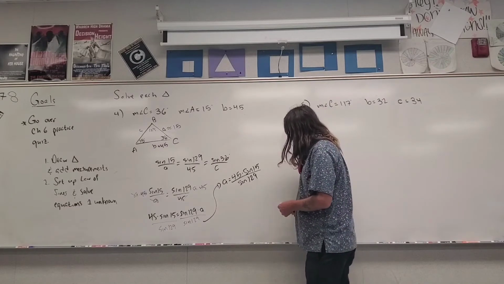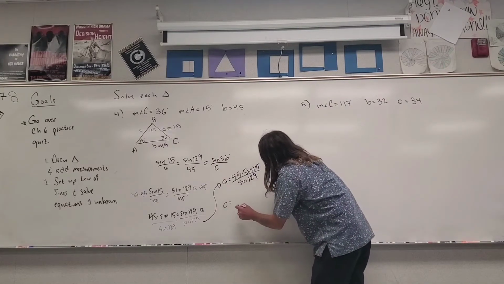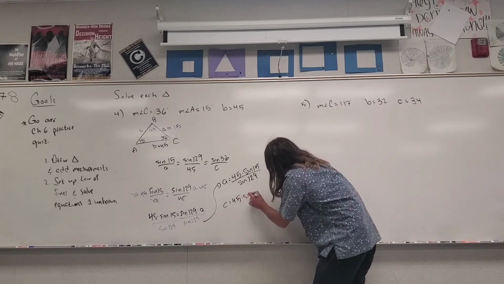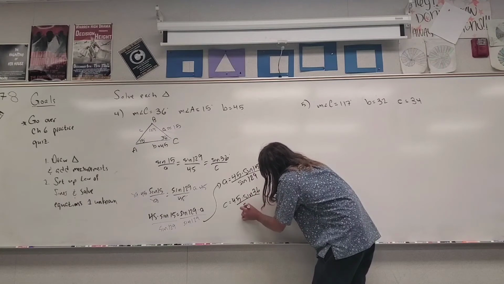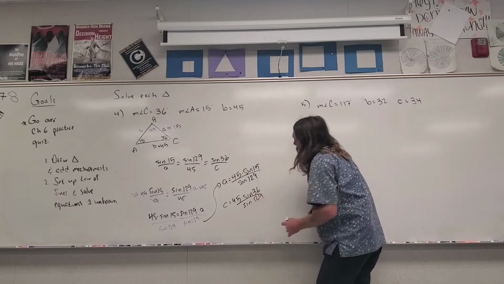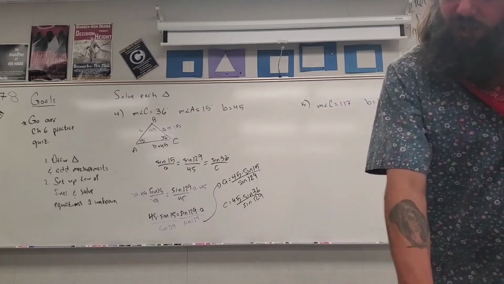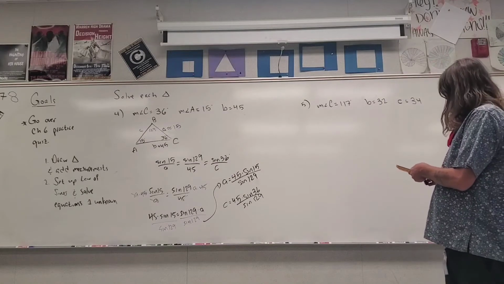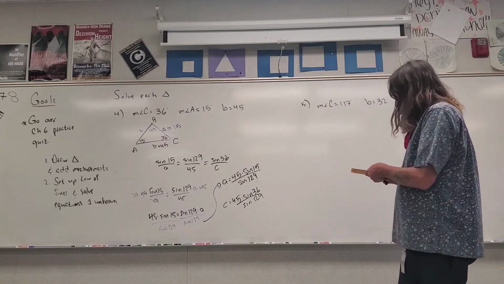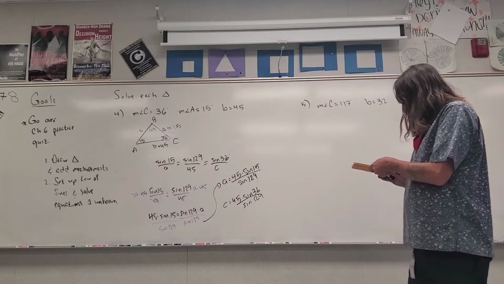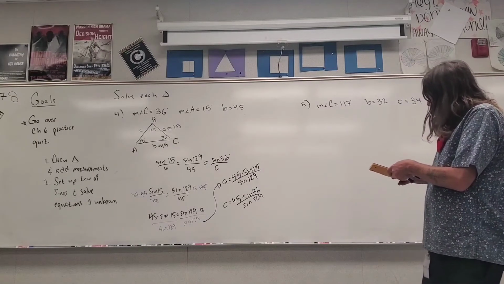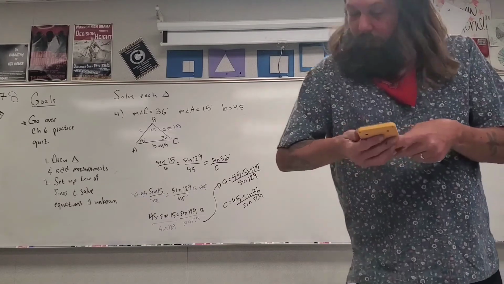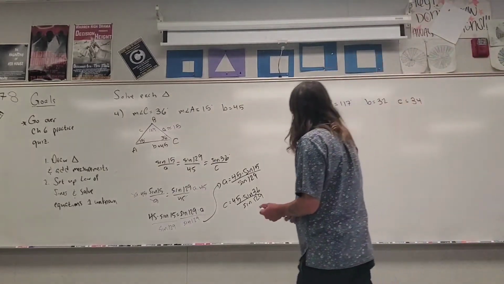So the length of side C is going to be 45 times the sine of 36 divided by the sine of 129. Let's use our calculator for this value. 45 times the sine of 36, close that parenthesis, divided by the sine of 129, and that is equal to 34.03, which rounds to 34.